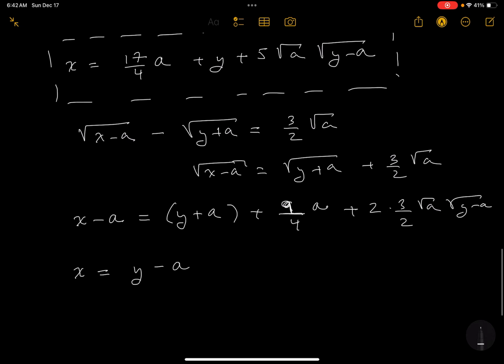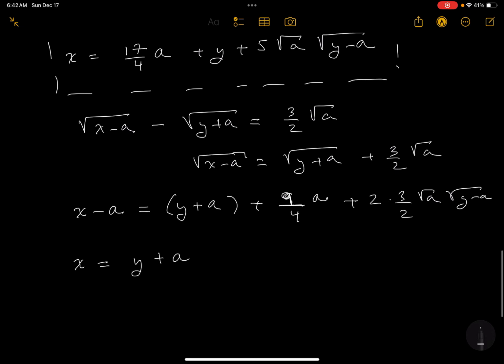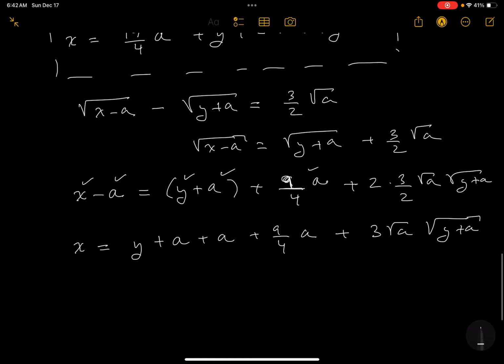I think it did okay there. So let's go back over this. There's going to be plus another a. So I'm just writing this stuff down, by the way. And I get 9 quarters of an a here. And then you get over here 3 root a, root y plus a. Sorry about that. Yeah, I think I get everything corrected at this point.